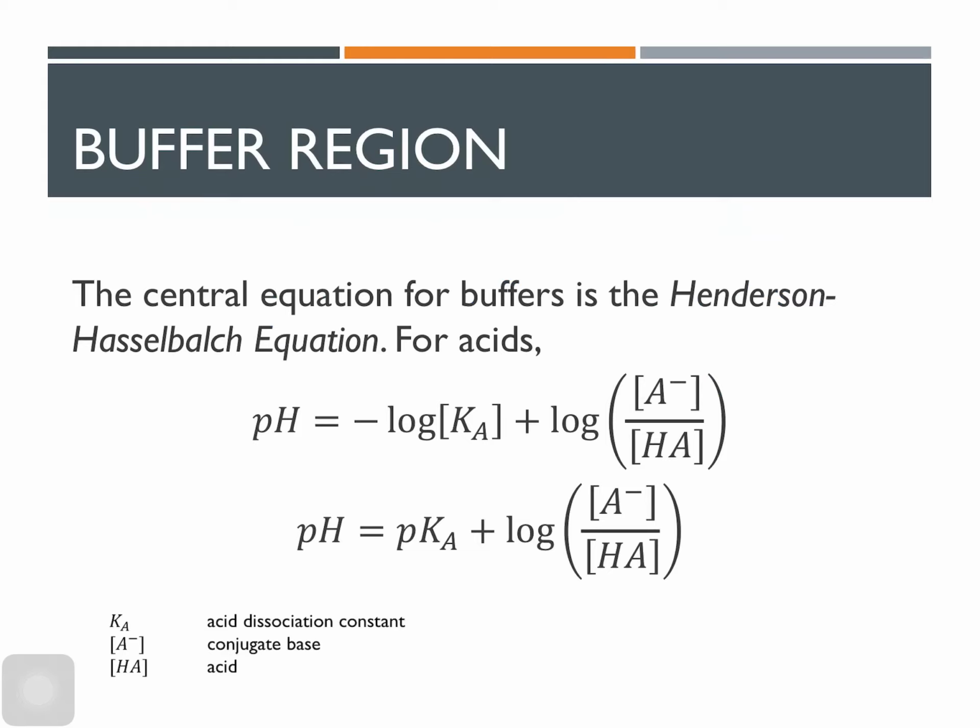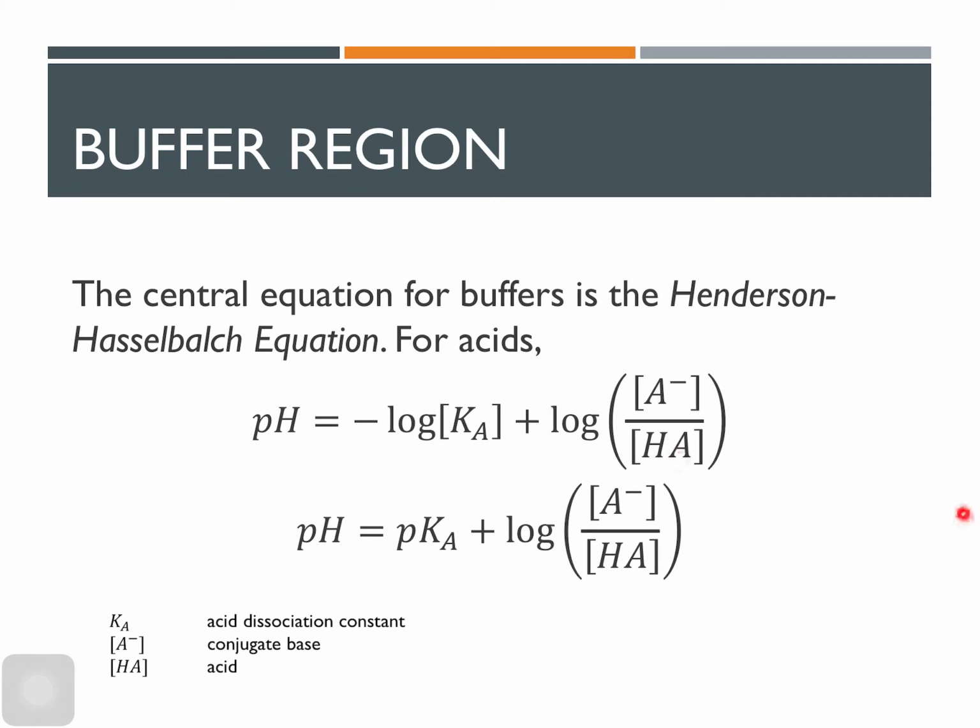This equation is just a derived form from the ICE table that we already discussed beforehand. The good thing about the Henderson-Hasselbalch equation is that you don't have to do an ICE table. Instead, you're just going to get the negative logarithm of your acid Ka plus the logarithm of the concentration of the conjugate base over the acid concentration.